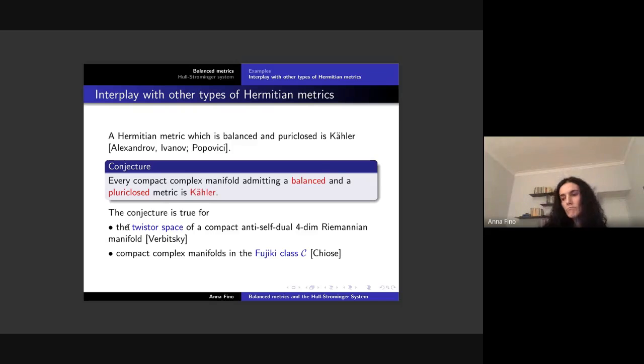Now I will report some manifolds for which this conjecture is true. The first is exactly the twistor space of a compact anti-self-dual four-dimensional Riemannian manifold, which was shown by Misha Verbitsky. Also for compact complex manifolds in the Fujiki class the conjecture is true, and that was proved by Chiose.